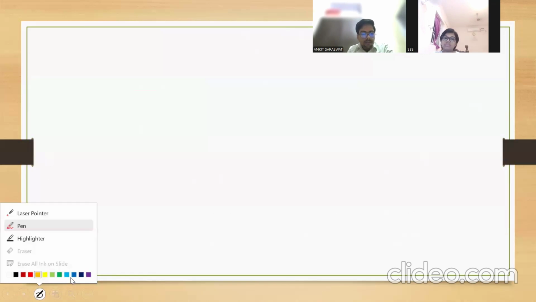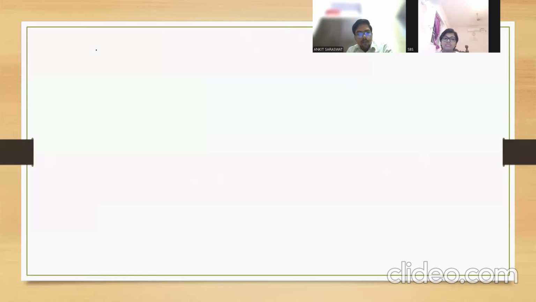If I draw any two blocks like this, for example, this is the case. Here our pulley is that. This is a string. One string is this, and one string is passing like this.